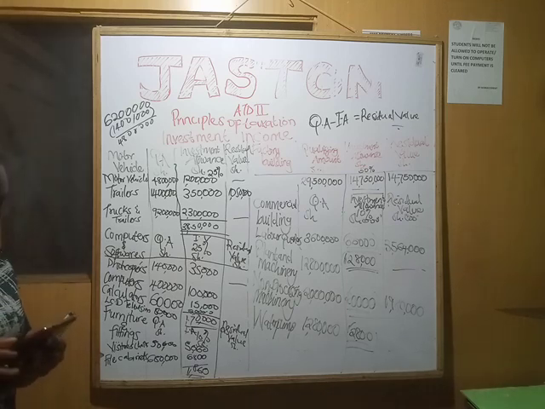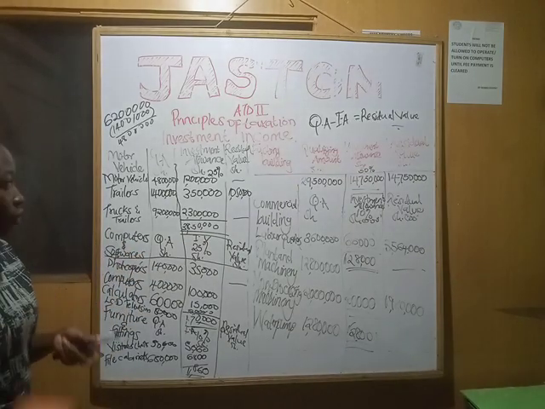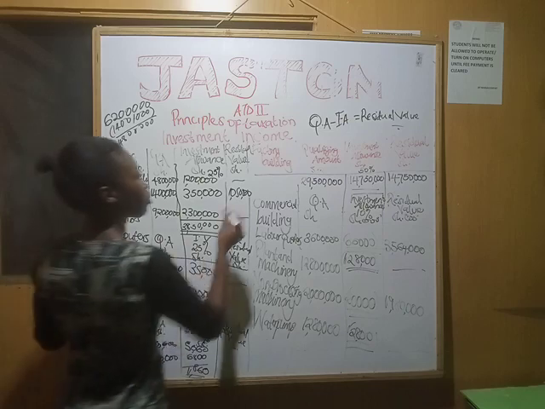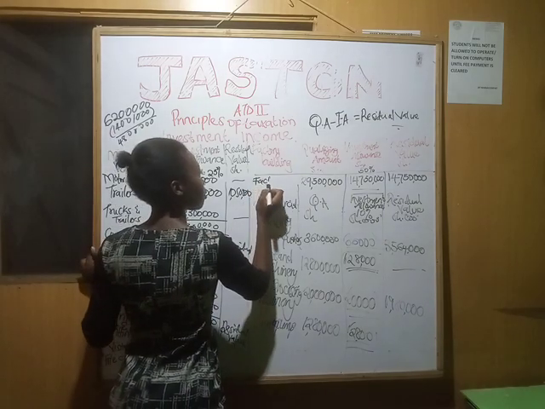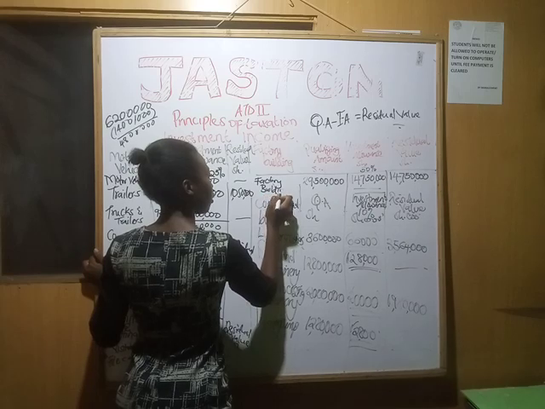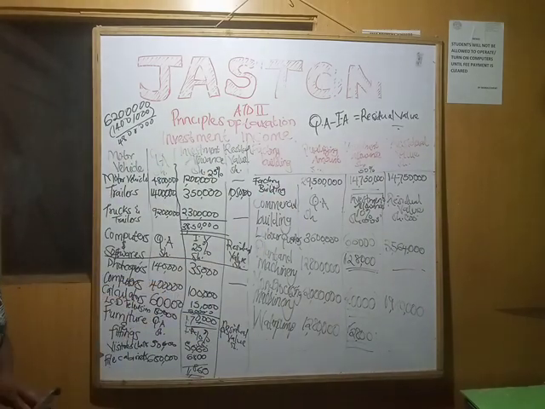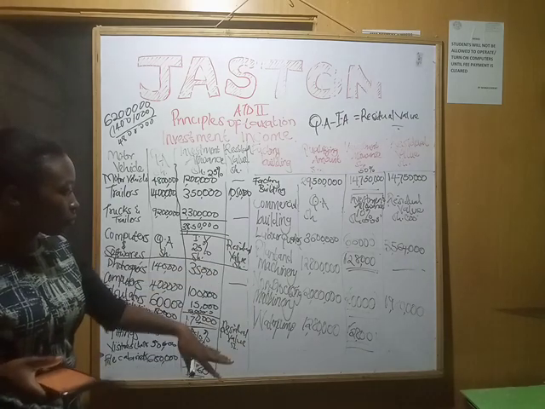Any other asset we've not mentioned? We have factory building. Oh, this was our factory building. We have plant and machinery.